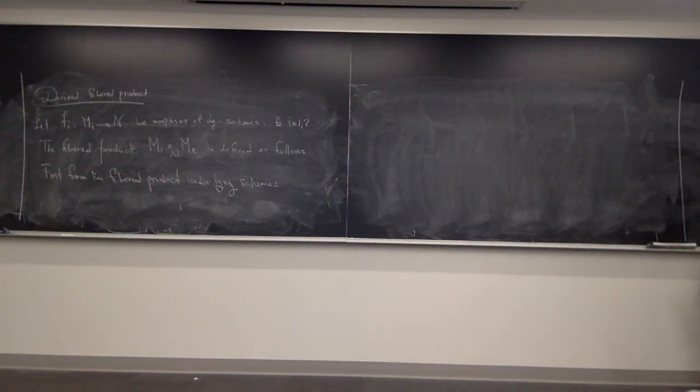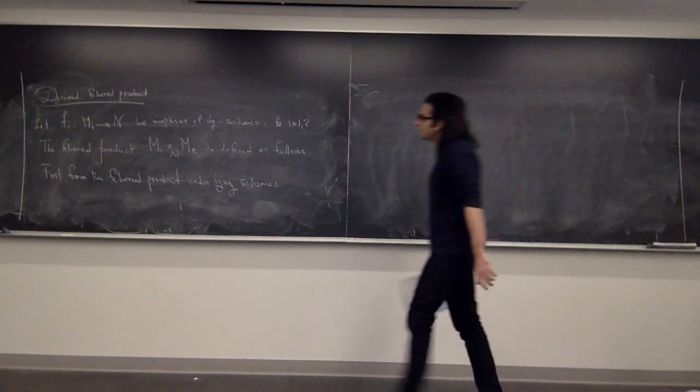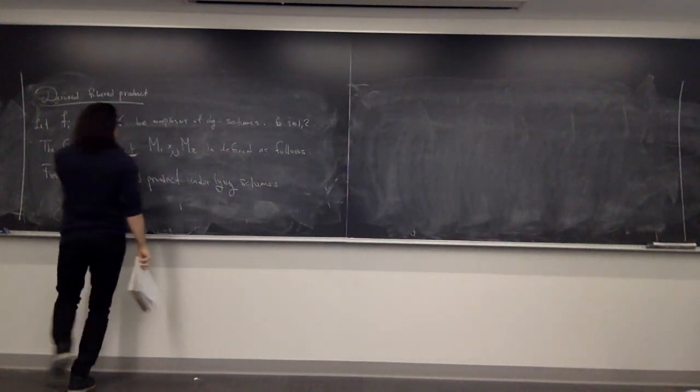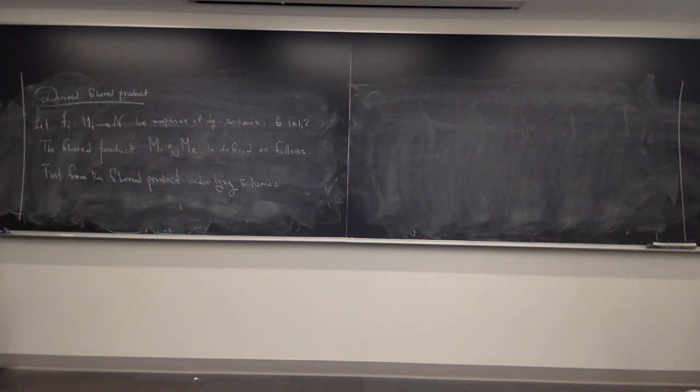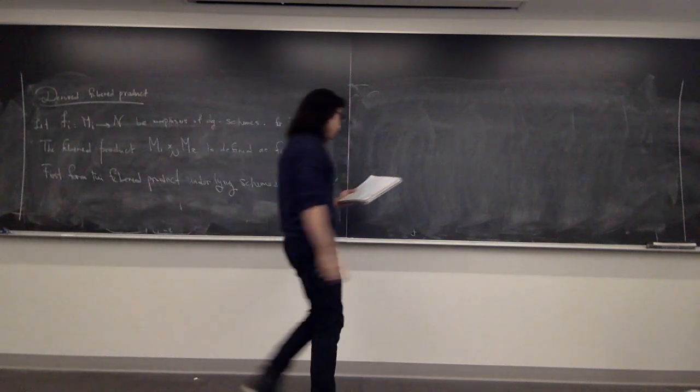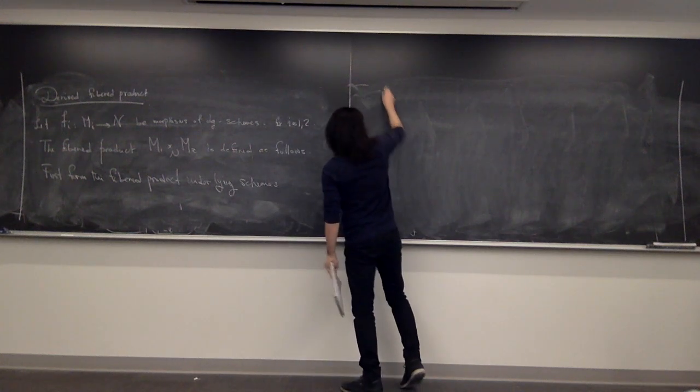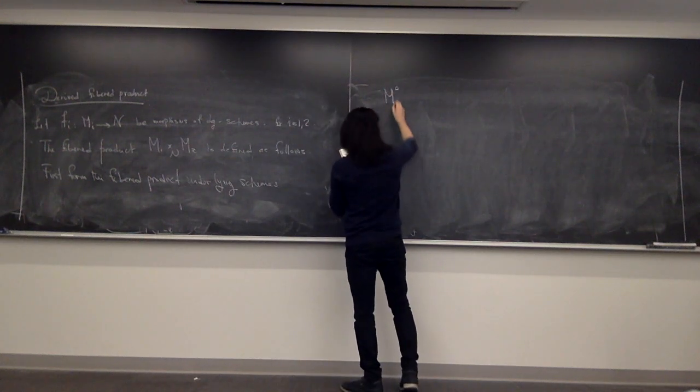So you have DG schemes, and their structure ring or structure DG algebra is given by this CDGA, commutative differential graded algebra, and you look at the A0. So the underlying schemes are given as the schemes over A0, like what we had last time. So we have these things.